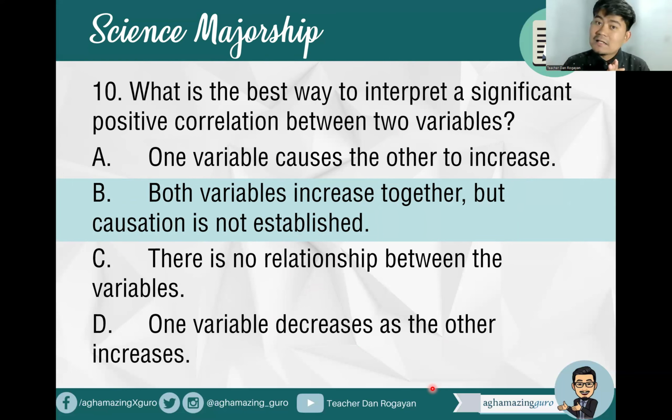But causation is not established. Remember that correlation is a test of relationship, not causation. While negative correlation is when one variable decreases as the other increases. There's no relationship between the variables, that is zero relationship or no correlation.